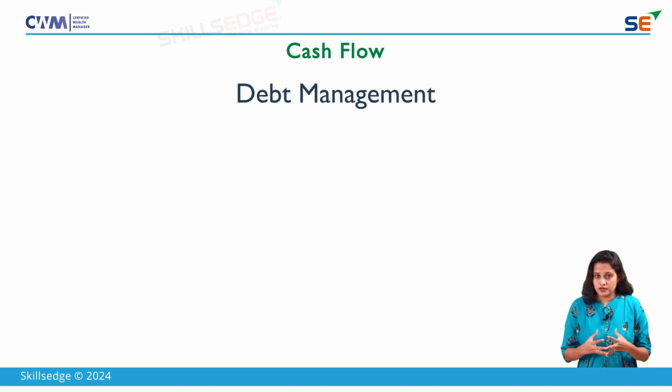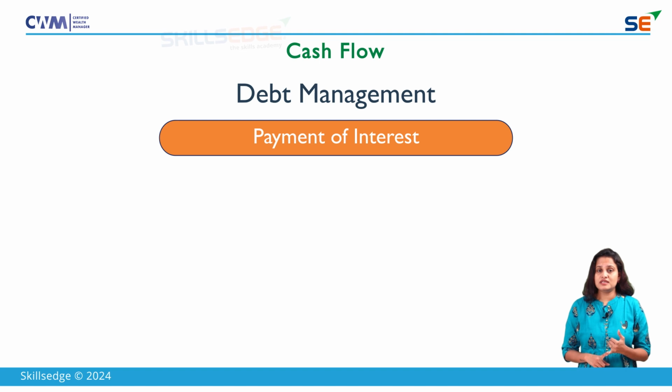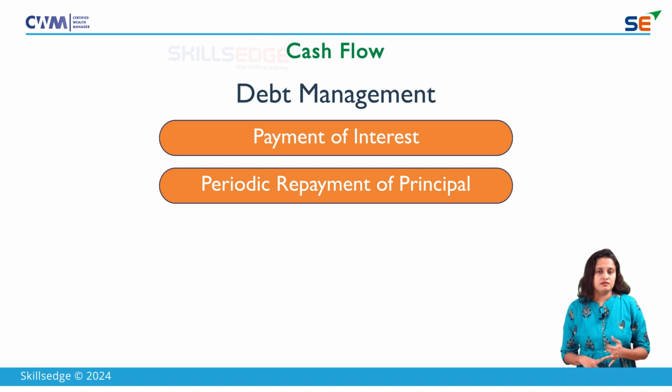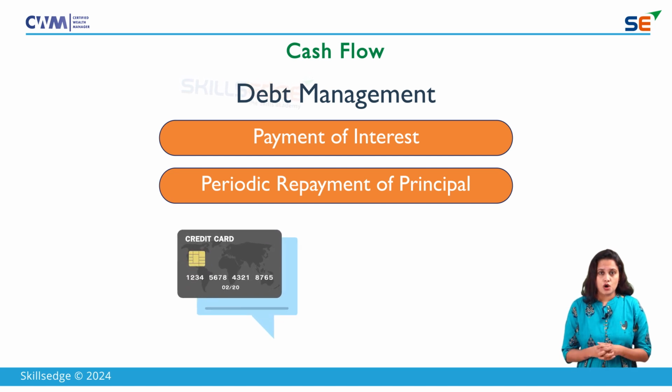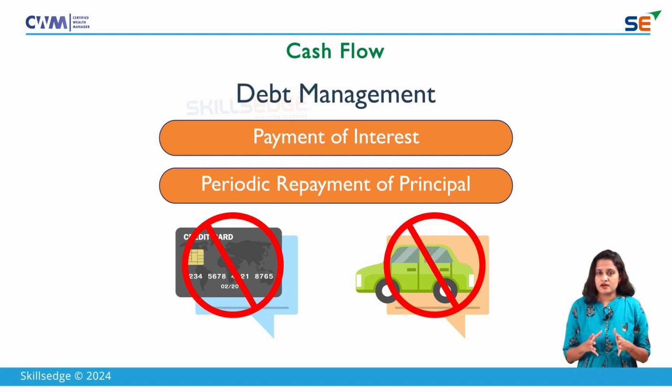Entering into debt requires payment of interest, which increases the cost of obtaining the item, and periodic repayment of principal, which limits funds available for other consumption and savings. Therefore, consumer debt, that is your credit cards, automobile loans, etc., should be avoided when possible.